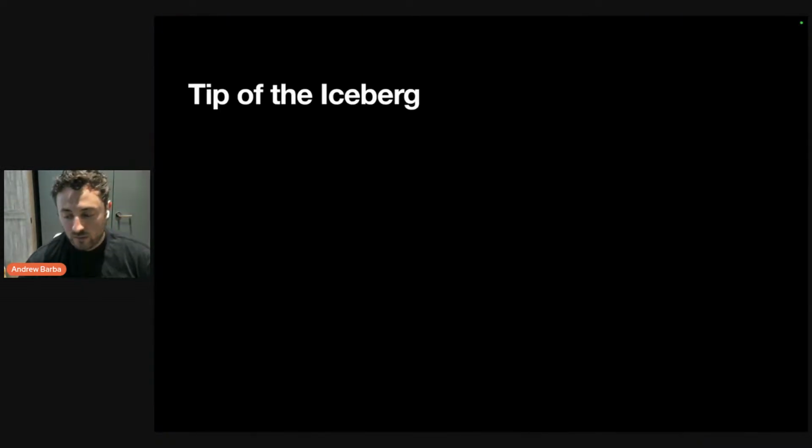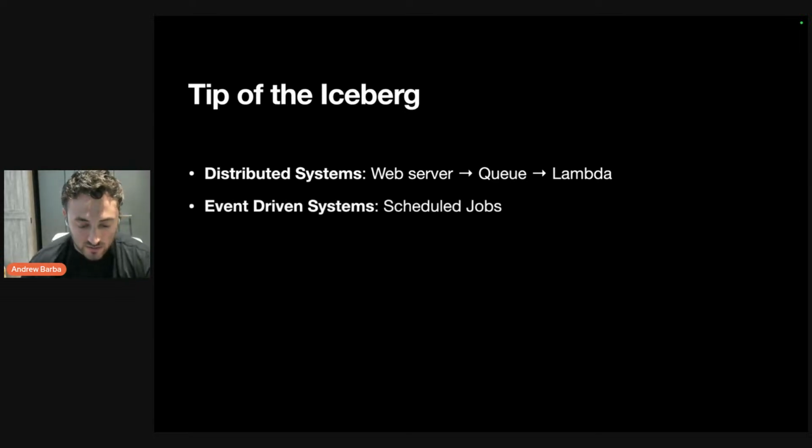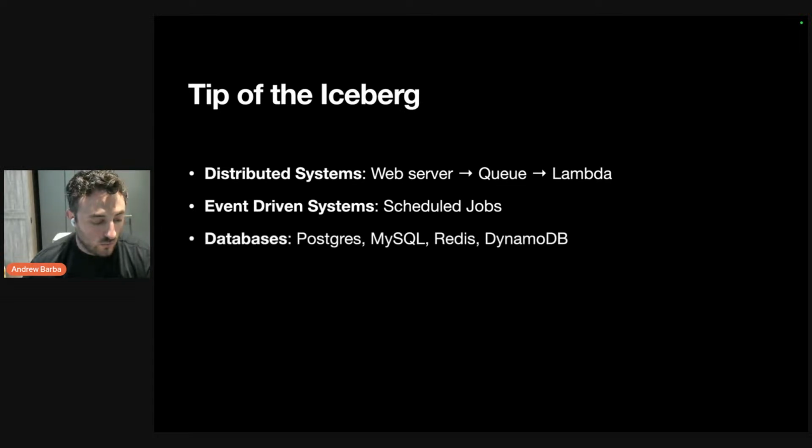Like I said, this is really just the tip of the iceberg. You can take this way further. You can build distributed systems, things like a web server talking to a queue and then processing messages off that queue, but on a Lambda. Scheduled jobs like cron jobs are trivial. We have full support for databases, so you could spin up Postgres, MySQL, Redis, Dynamo, and of course storage.